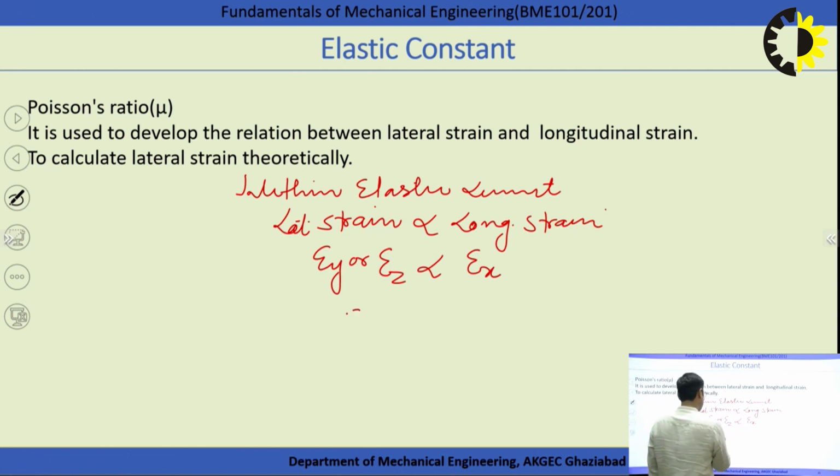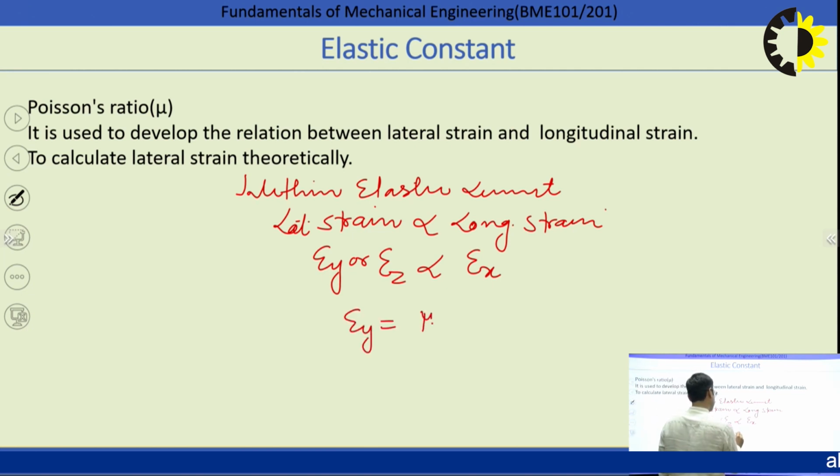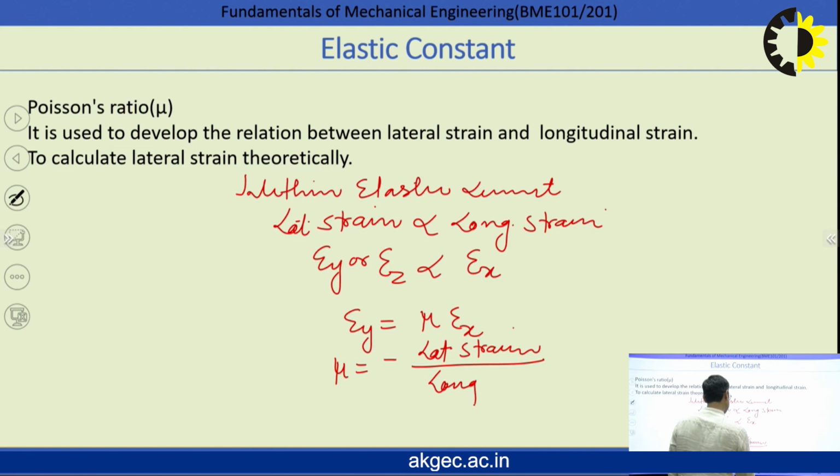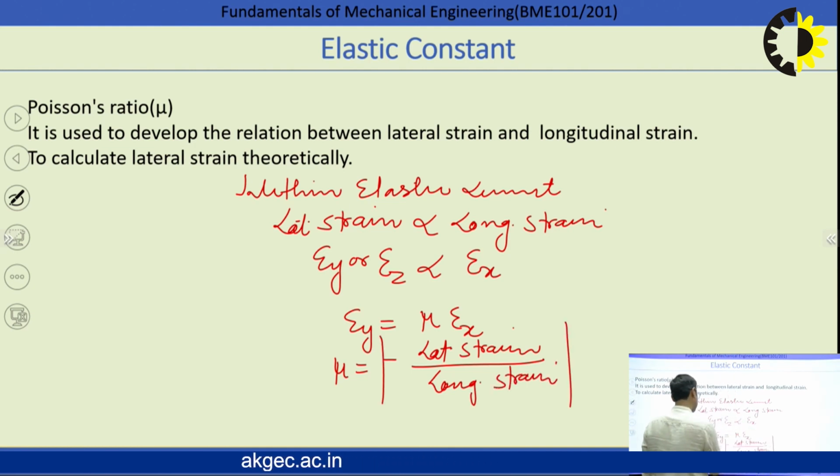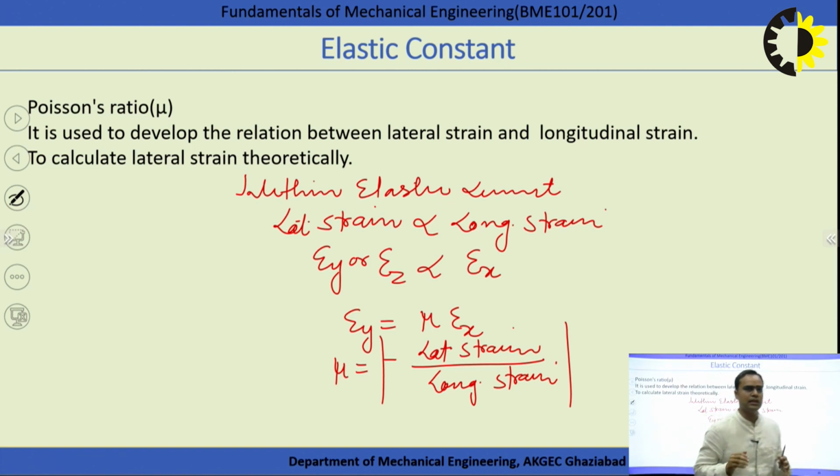If I remove the proportionality, a constant comes into the picture, known as mu. So I can write mu is equal to minus lateral strain upon longitudinal strain, because these are opposite in direction. That's why a negative sign comes into the picture. So mu for any material is fixed. Longitudinal strain we have already calculated with the help of modulus of elasticity. If we are interested in calculating the lateral strain theoretically, we are able to calculate it from here, right?